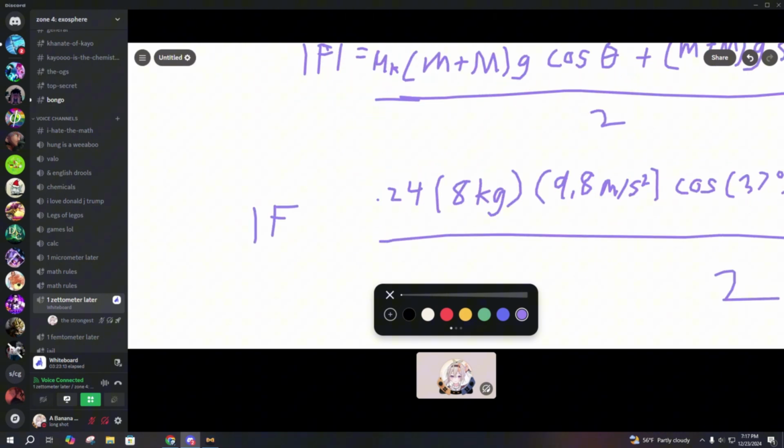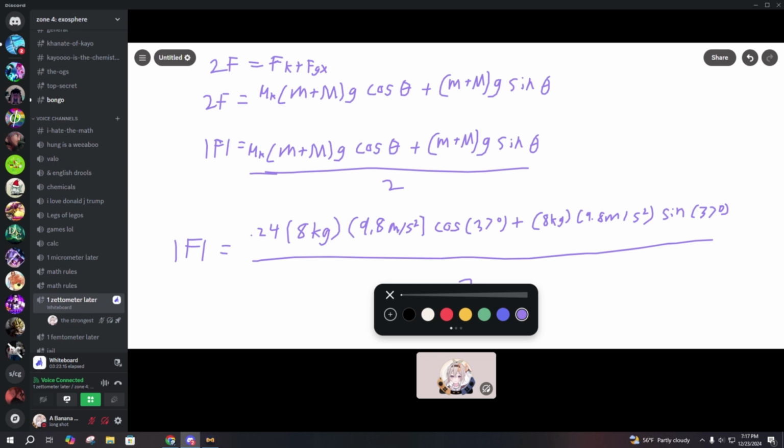This will be delta F is equal to that, so if I plug everything in, it's going to be 4 times 8 times 9.8 times cosine of 37 plus 8 times 9.8 times sine of 37, over 2.